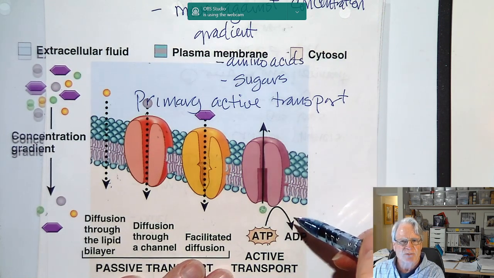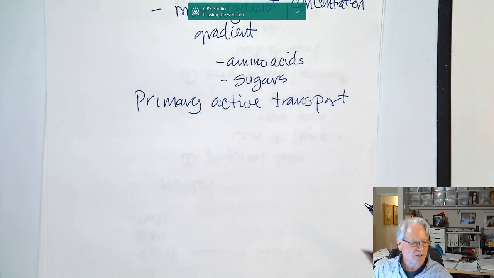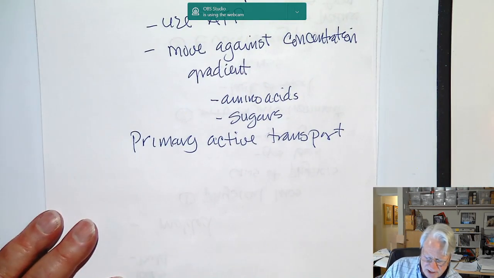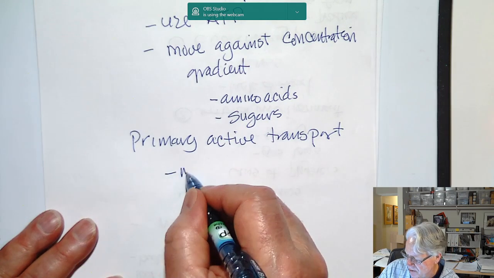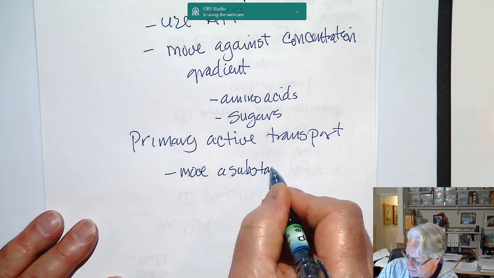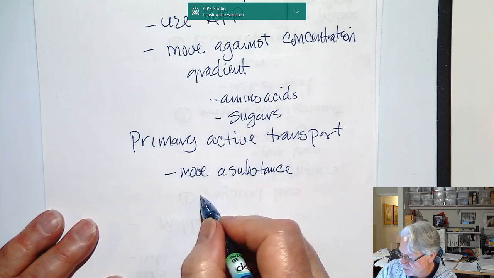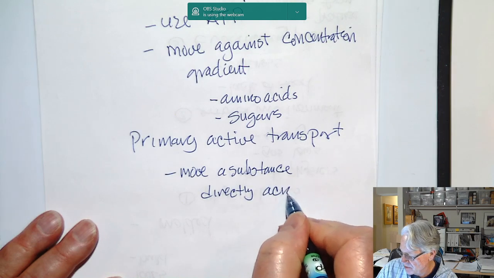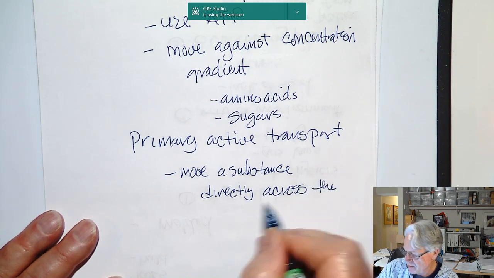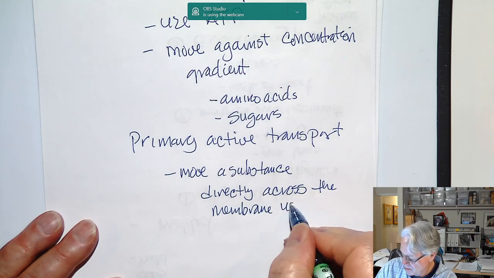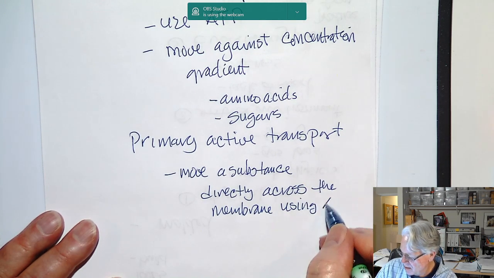And then I move it by using energy. That's ATP. So primary active transport is I'm going to move a substance, and I'm going to use this word directly, across the membrane using ATP.